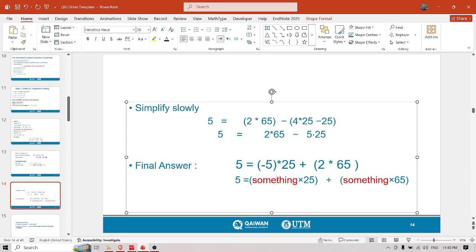We said that we want to find those somethings, the a and b, whatever you call it. Now we found them. If we multiply minus 5 with 25, it is minus 125, and if we multiply 2 by 65, we get 130, and if we add these two, we will get the 5, and this is our final answer.